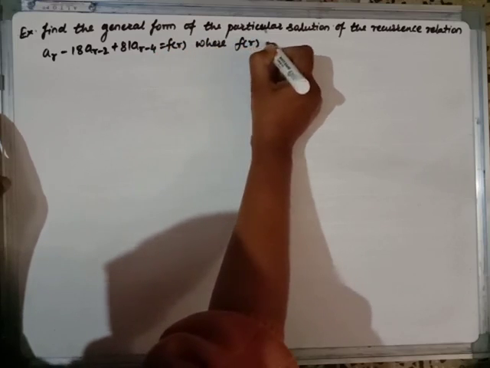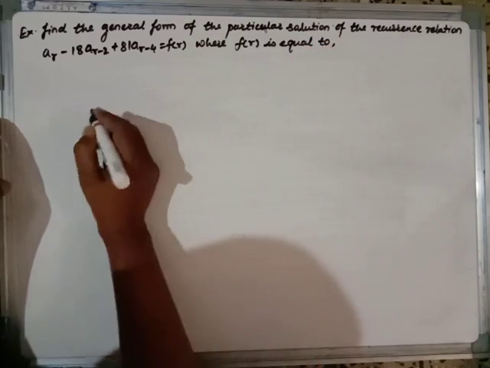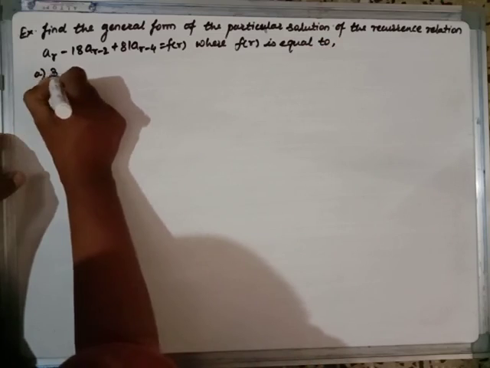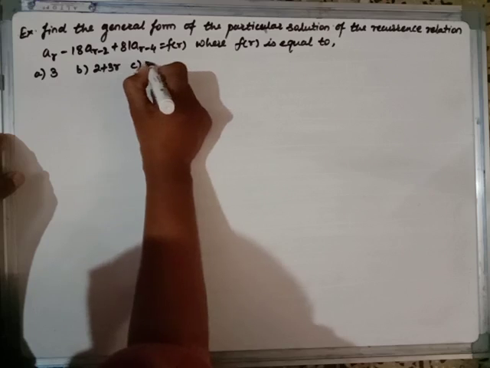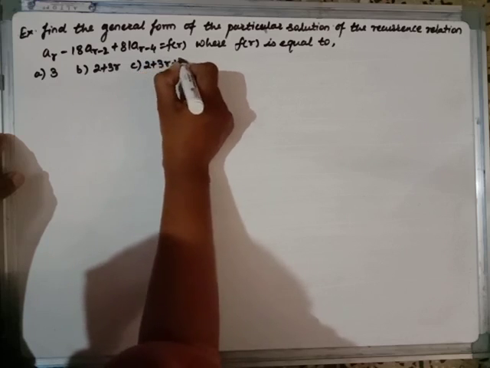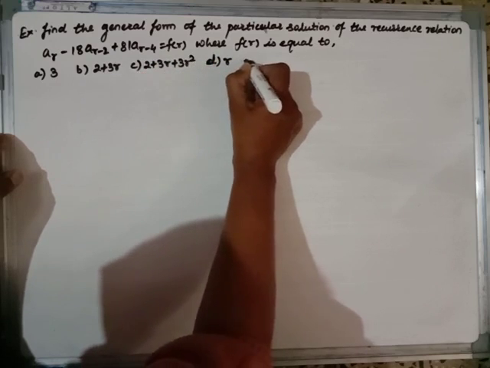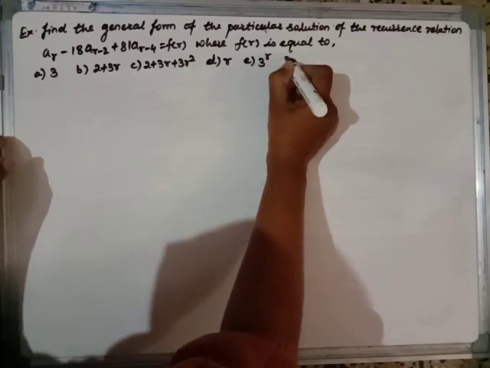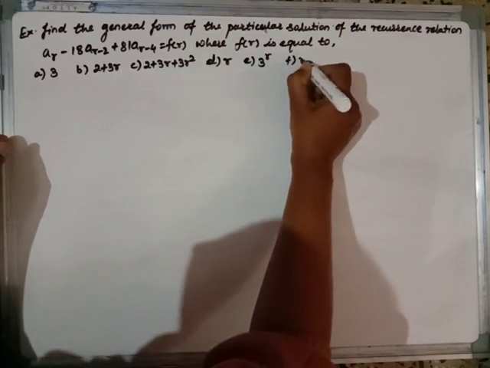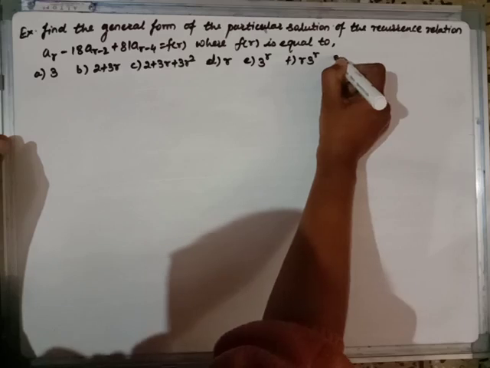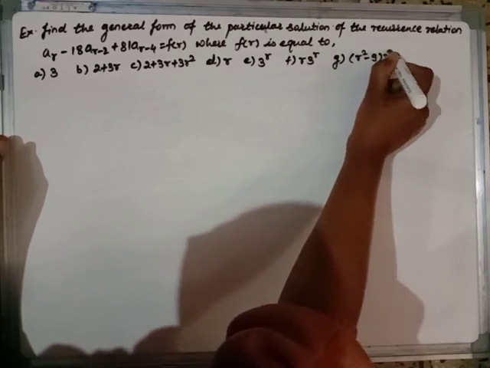Now the first one is 3, second one 2 plus 3r, third one 2 plus 3r plus 3r square, fourth one r, fifth one 3 raised to r, sixth one r times 3 raised to r, and one more: r square minus 9 into 3 raised to r.